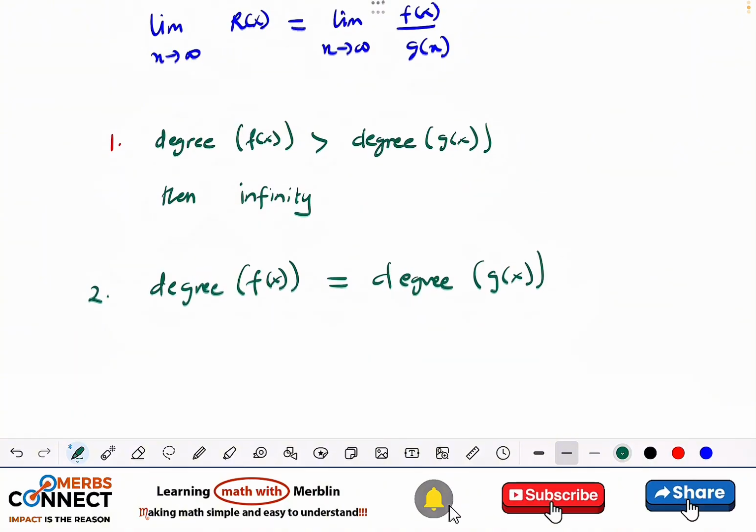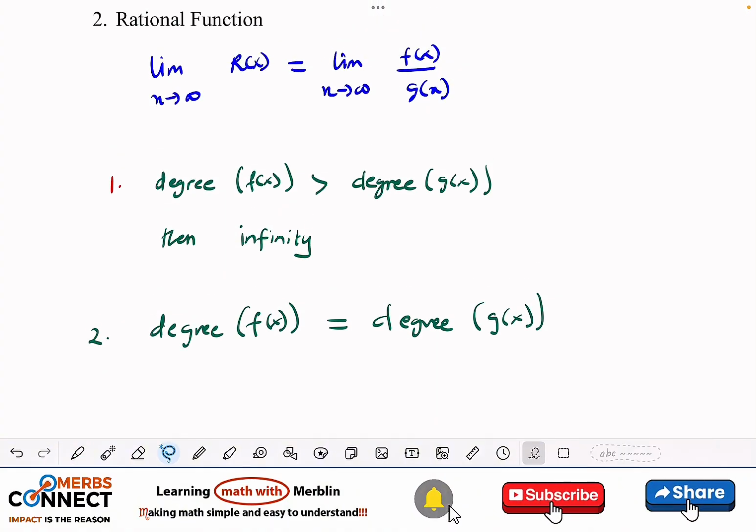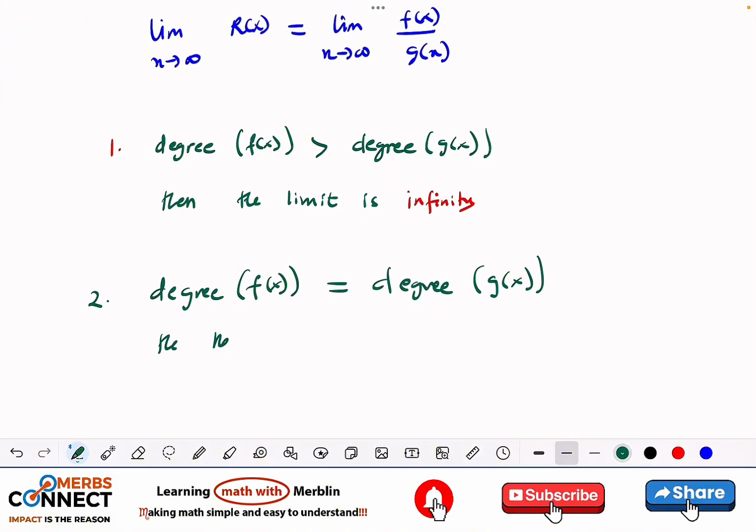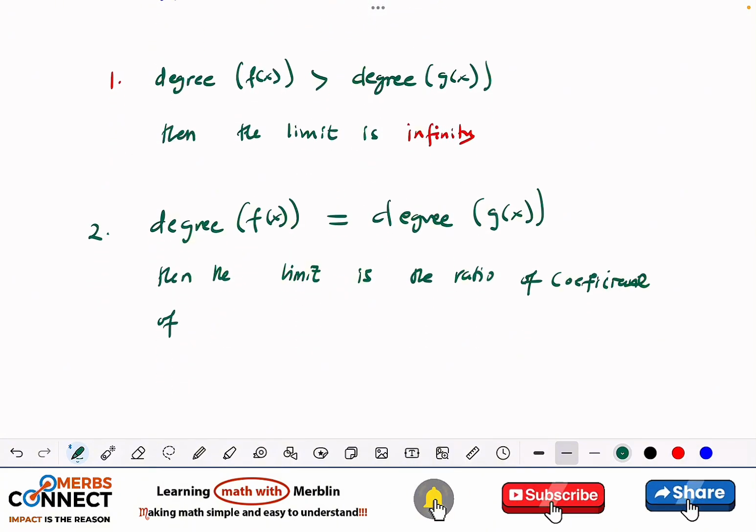So when they are the same, then the limit, let me write here, the limit is the ratio of the coefficient of the leading term, or of the coefficient of the highest degree.